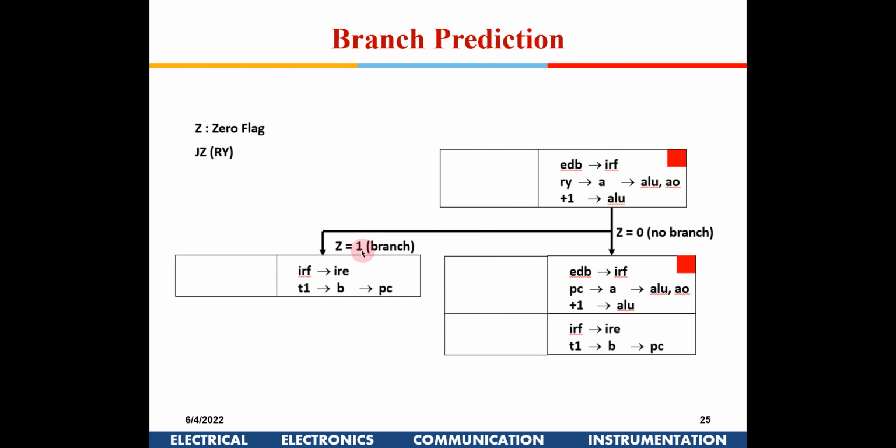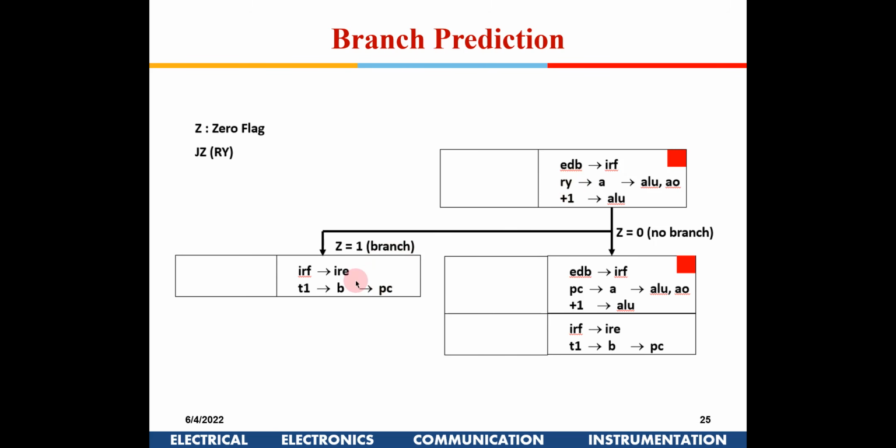And if Z is equal to 1, which means this condition has been met, a 0 flag has gotten flagged. Okay, now you will find, since I have already prefetched it, I am going to put it into the execution register, and then from T1, now it will have RY plus 1 that is being updated into the PC.